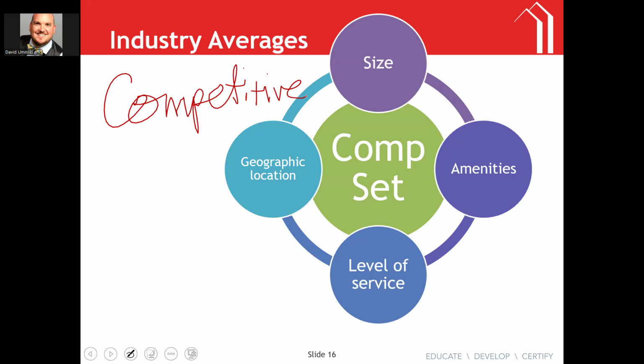Yeah, so the Marriott downtown is competing with the Hilton. They're also competing with the Hyatt. There are 3 large hotels that are all within walking distance of the convention center. So they would be a competitor set based on the amenities and the geographic location.